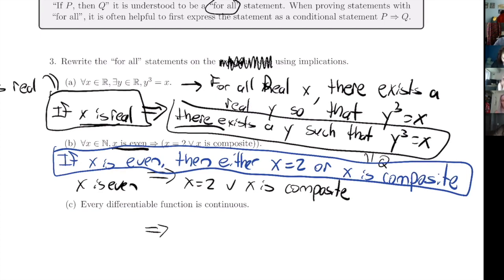Okay, so in C, every differentiable function is continuous. Somebody want to take a shot at what the hypothesis would be here? If f is continuous?